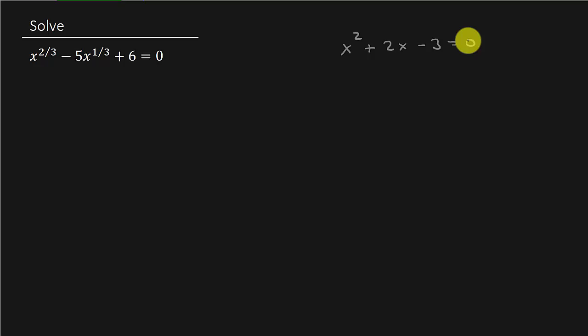And notice in the quadratic equation, you see this middle term and this first term. The first term is the middle term squared, right? If you square this middle term, you're going to get this first term. So that's how we're going to look at this.